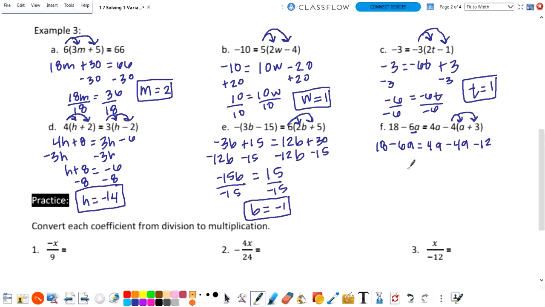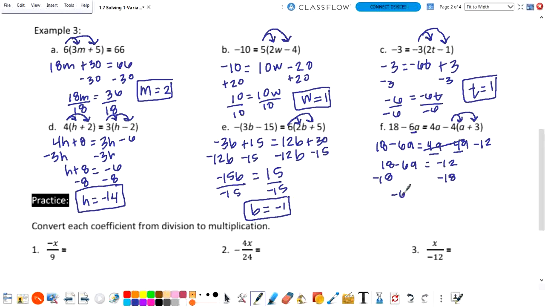All right, now we've got some like terms on the right side. We have positive 4a and negative 4a. Those are going to cancel out. So we have 18 minus 6a equals negative 12. All right, so now we're just focused on getting this negative 6a by itself. So we're going to start by getting rid of this 18 by subtracting it.